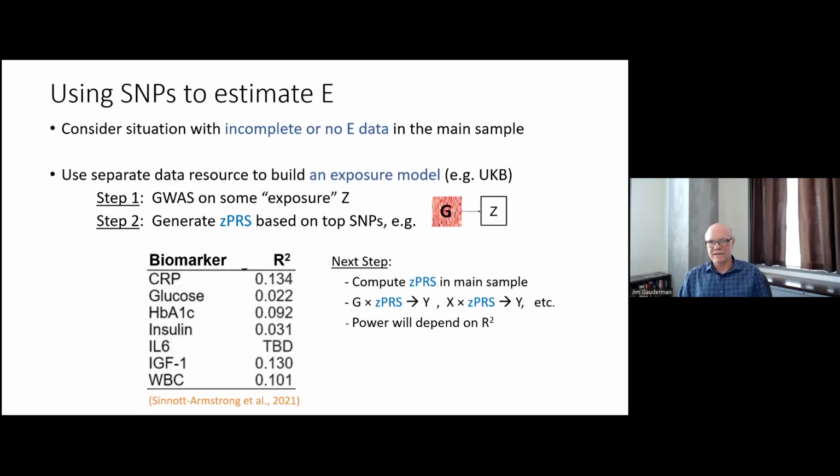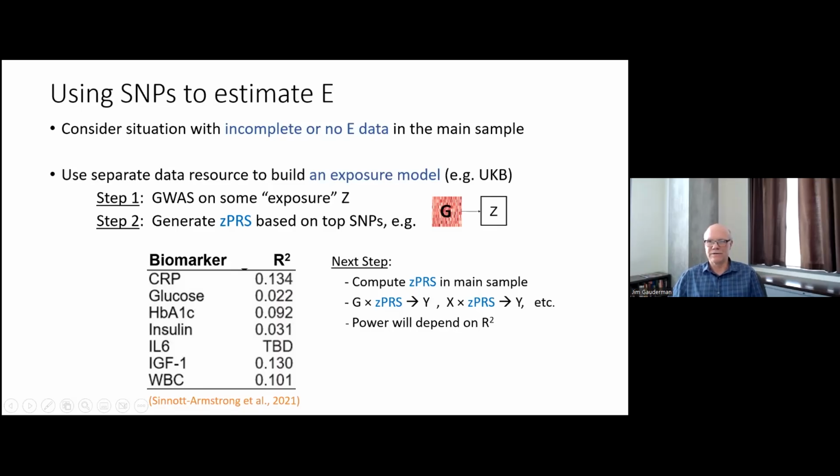And then what about the situations where we want to look at, say, a biomarker, or we have incomplete E data or maybe no E data in the main sample, but we do have it in some external resource. So we can think about potentially building an exposure model. For example, people have looked at GWAS SNPs for things like CRP or glucose or IGF-1, et cetera.